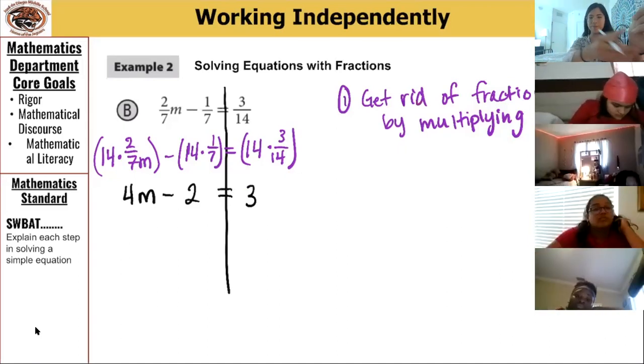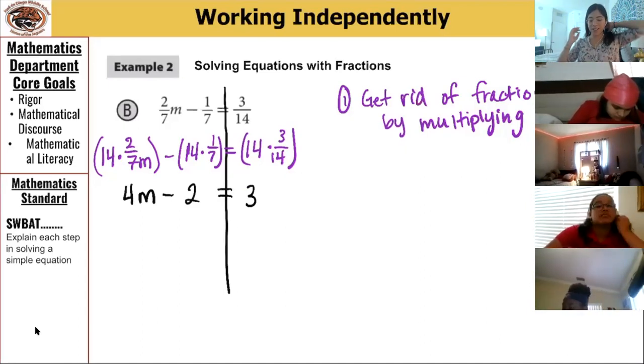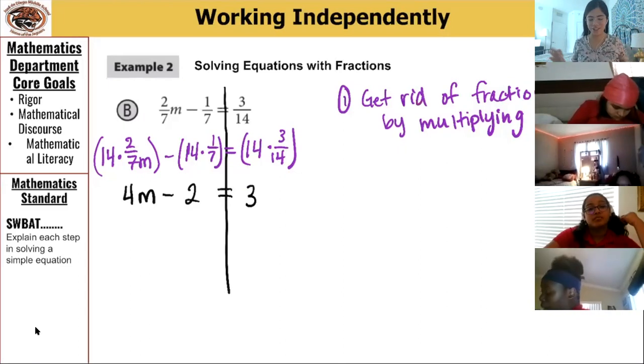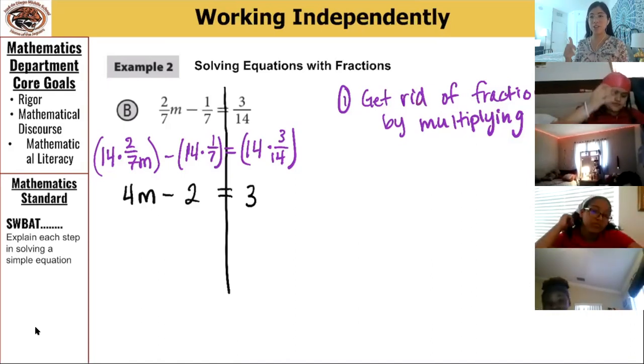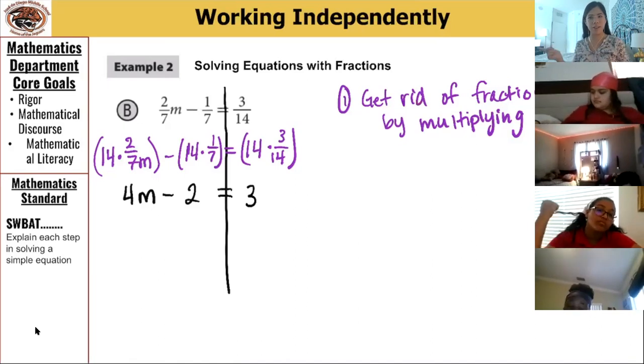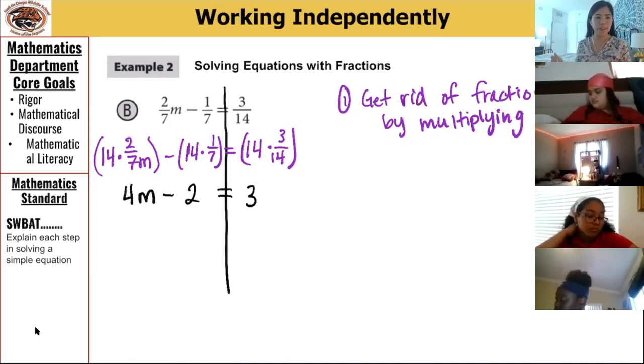I added instead of subtracting. Like I put the adding sign. Okay, so that got you somewhere else. But that's okay. The most important thing is if you know what you did wrong. If you can figure out what you did wrong, that's actually really good because that means now you know how to do it right.